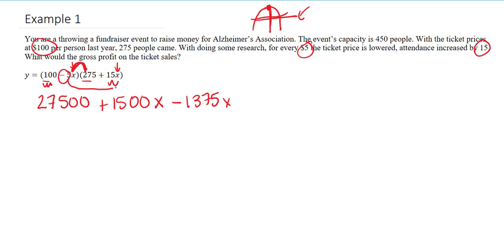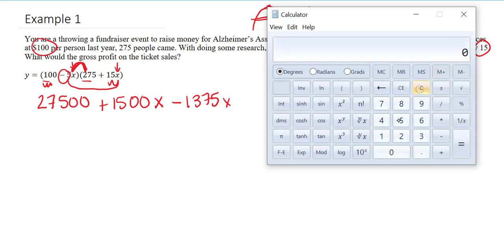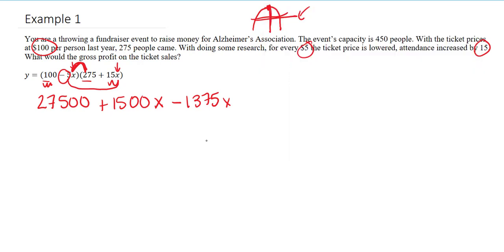Now we have the last one. So minus 5 times 15, which is going to be 75, but we can definitely double check. We get 75, and that's negative 75 x squared, because we have two x's. So let's go ahead and rewrite this. We have negative 75 x squared.